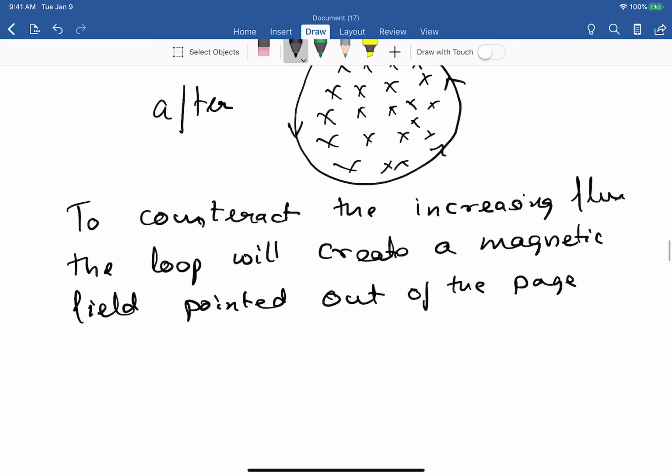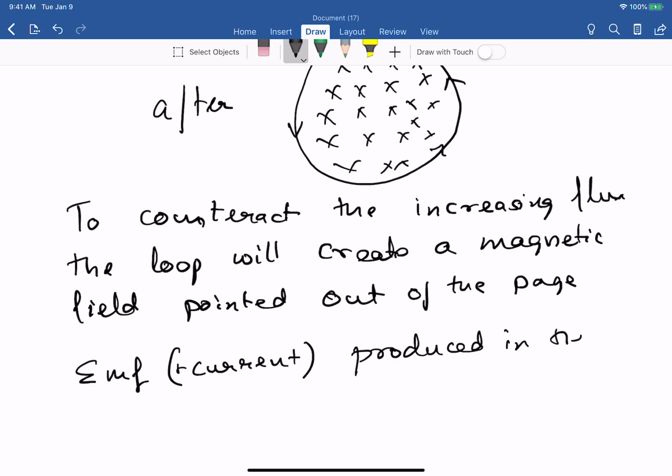So the EMF produced, and hence the current produced, is in the counterclockwise direction. And so that is how you find out the direction of the EMF.